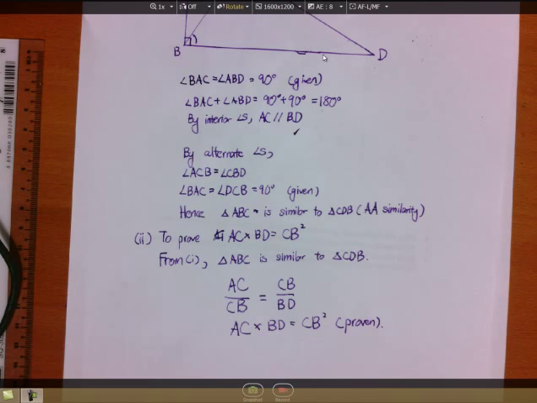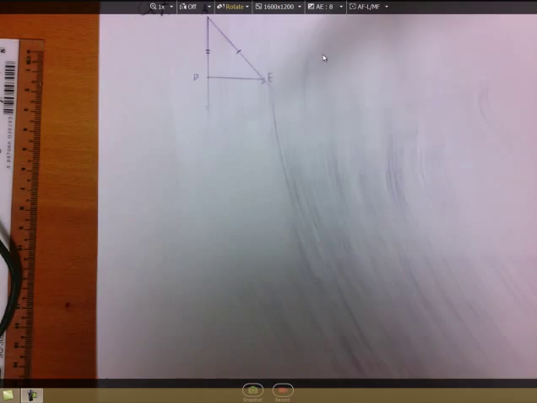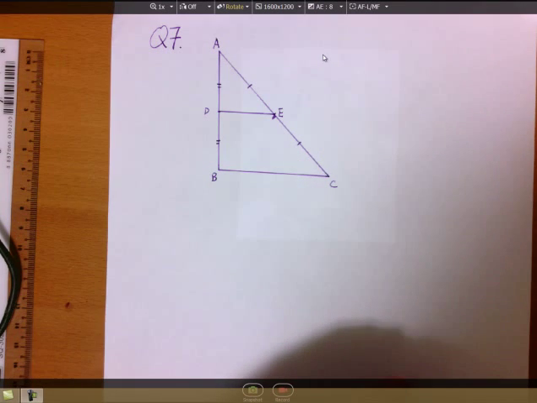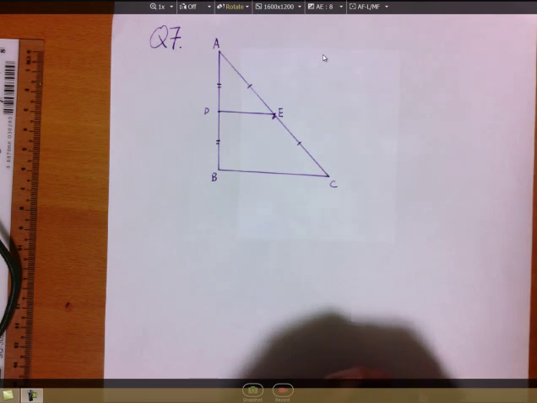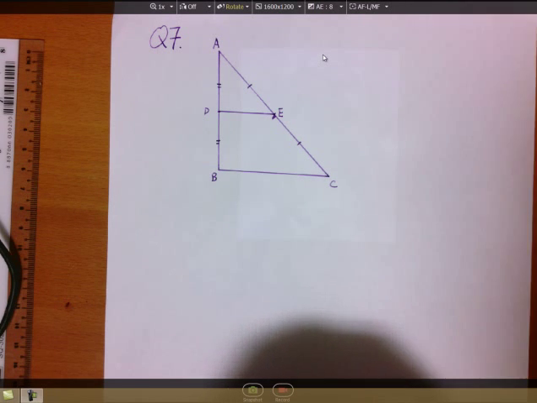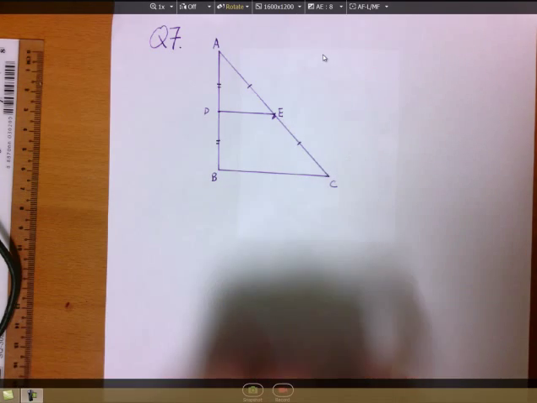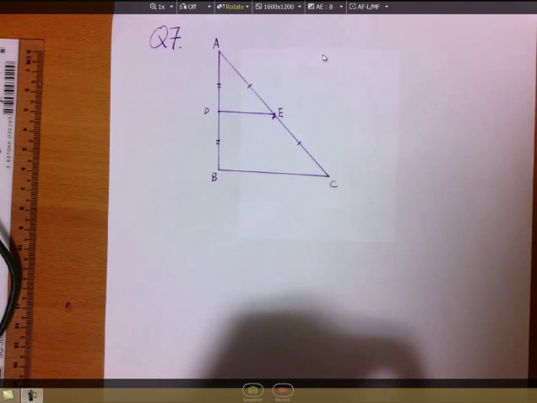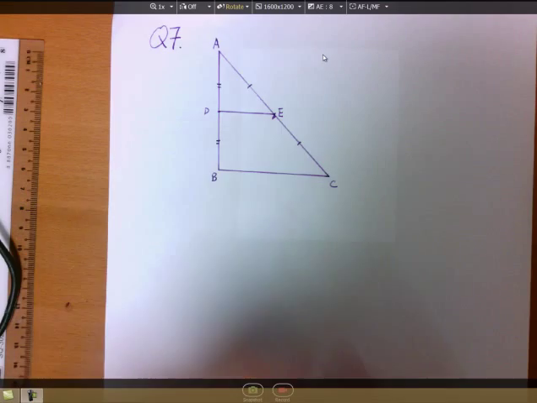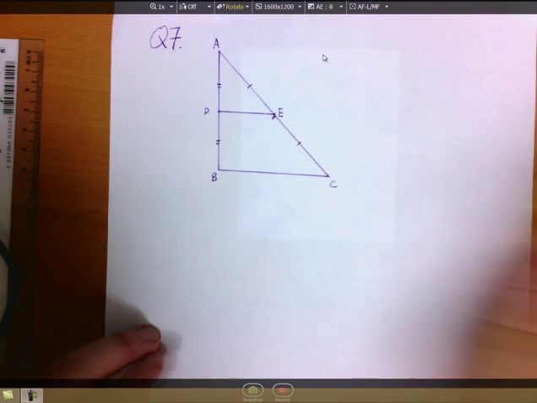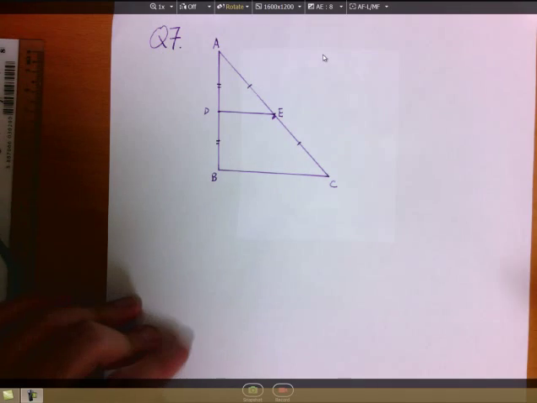I shall now move on to question 7. This is the diagram for question 7. Question 7 is actually not that difficult. First they want us to prove that DE is parallel to BC, and it's also given that D and E are the midpoints of AB and AC respectively. So in this case, D is a midpoint of AB and E is a midpoint of AC.